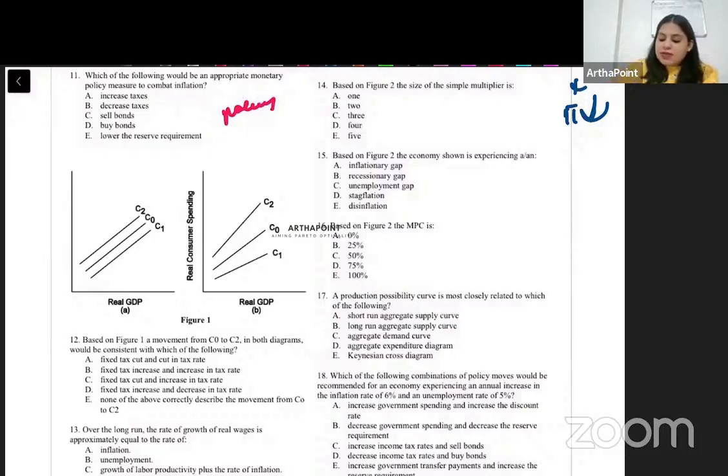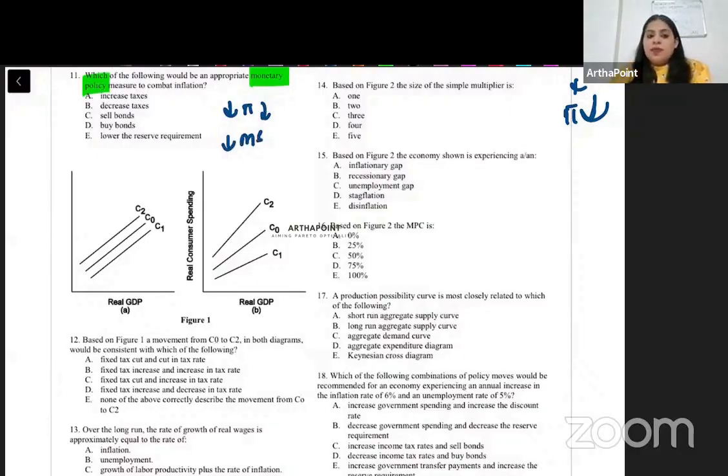So beta, please don't mark A. The question is about monetary policy. Now you want to reduce inflation in the economy. That is possible if you reduce the amount of money that people hold, so reduce the money supply in the economy. But how can you reduce the money supply? By selling bonds.